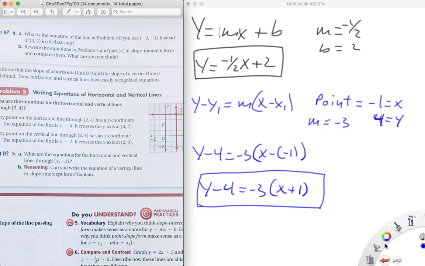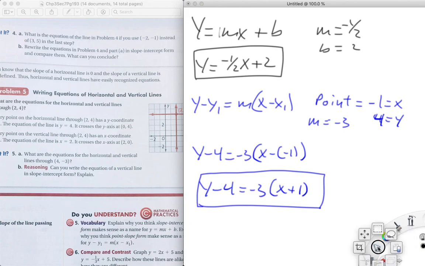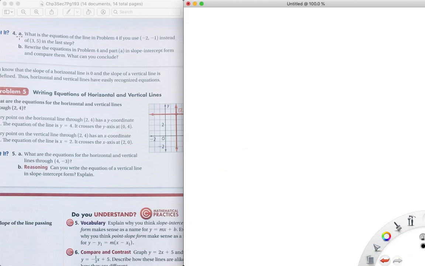Okay, so the first part here in part A, they want me to put this first in point slope form, then into slope-intercept form. So the first part is going to be point slope. That's what they want us to put in first.